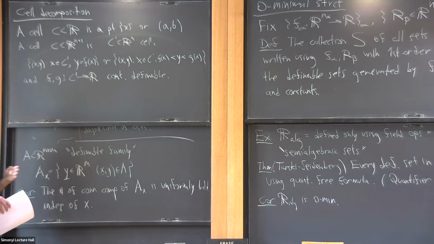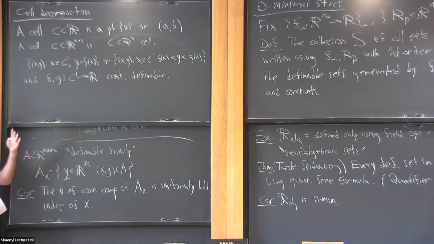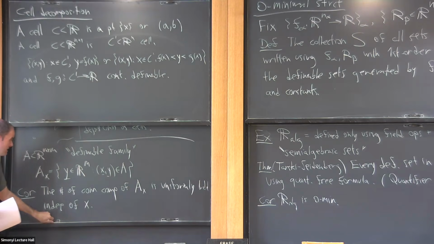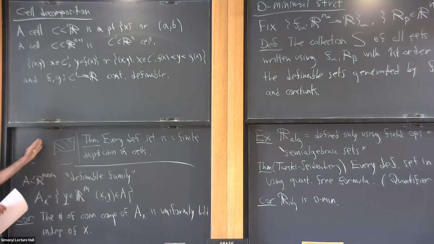bound. And the way to prove it is to say, okay, let's start by doing a cell decomposition for this A, and then it's enough to find this bound for every cell separately. But for every cell, the bound is 1, because if you think about the structure of these cells, the fiber over a point is always a cell.